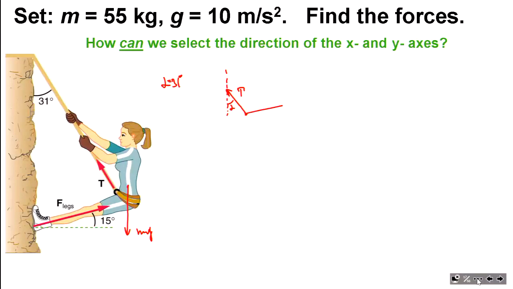This force at 15 degrees to the horizontal direction. And the force of gravity is always vertical, and that's going to be equal to 550 newtons. So in this situation, we know angles and one force, so we're able to calculate the other forces.